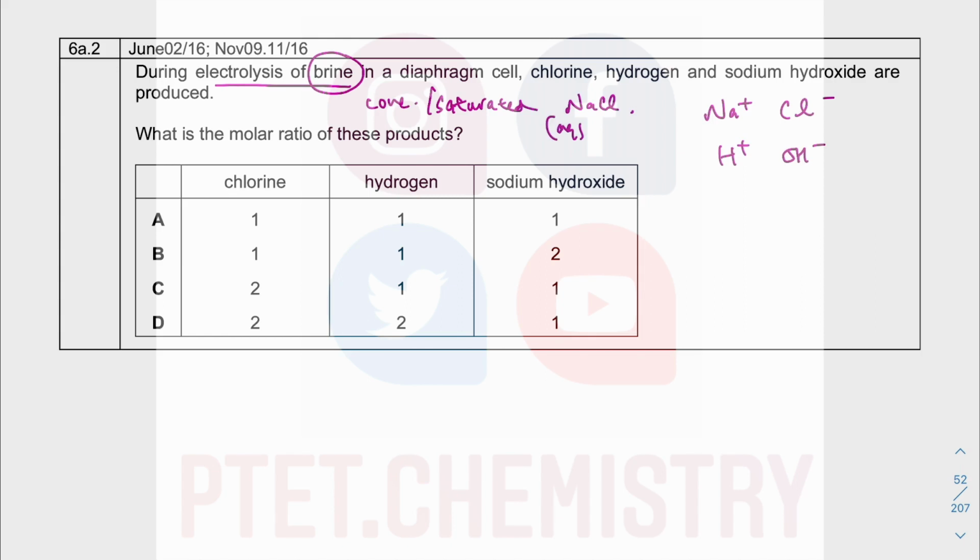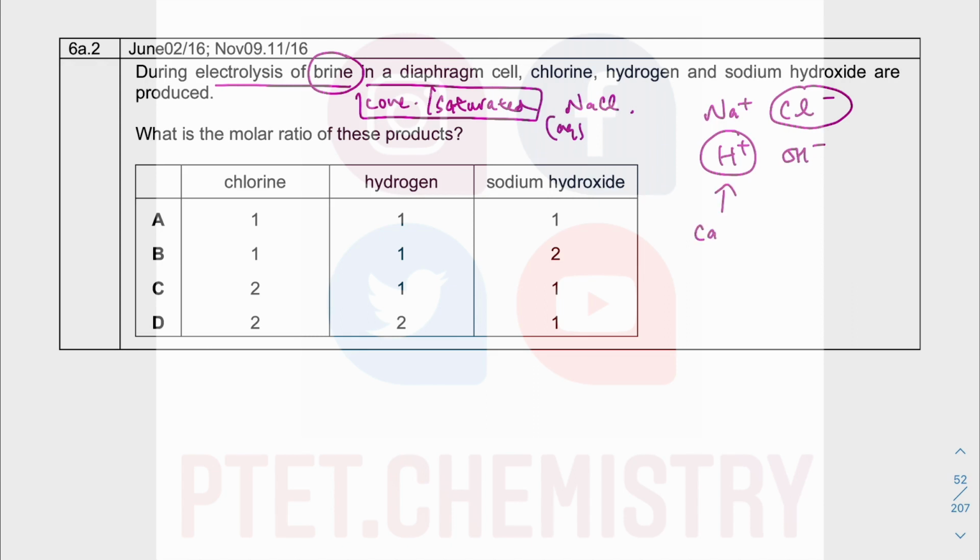So we know the H plus is the one that preferentially gets discharged. You will get Cl minus preferentially discharged over the OH minus, because we have concentrated or saturated NaCl, which is actually essentially just brine.